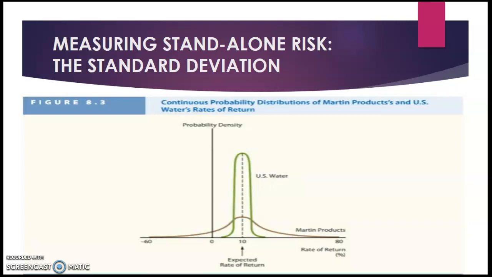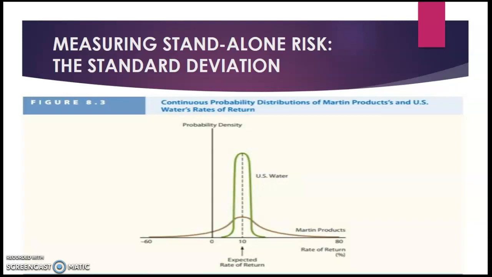The tighter the probability distribution of expected future returns, the smaller the risk of a given investment. We can use the standard deviation, pronounced sigma, to quantify the tightness of the probability distribution. The smaller the standard deviation, the tighter the probability distribution, and accordingly the lower the risk.